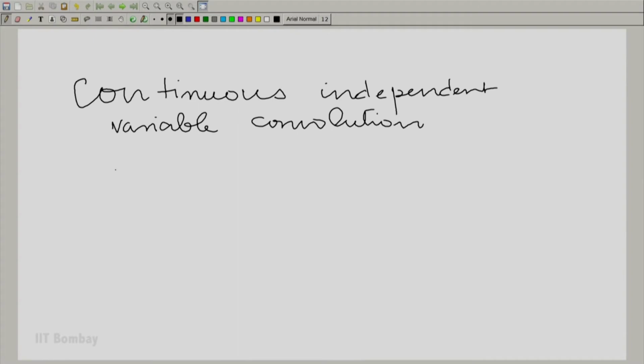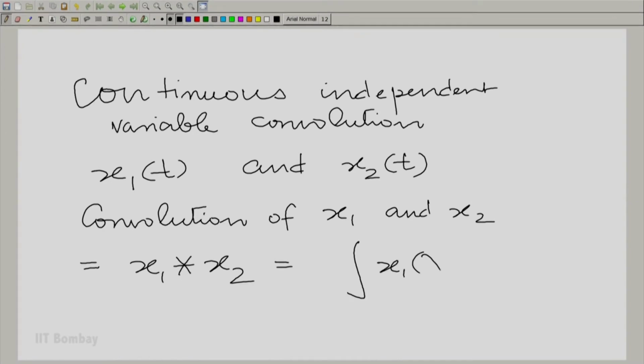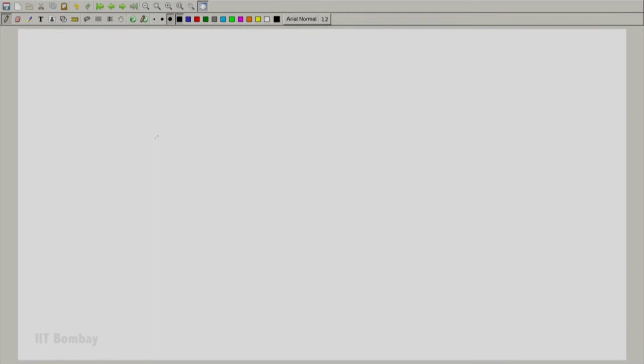We have two continuous independent variable functions, let us call them x1(t) and x2(t), and we wish to calculate the convolution, which we will of course represent as usual by a star, and that is calculated to be the integral of x1(λ) x2(t − λ) dλ over all λ. This is done for each t, and now as I said, we will take the example of two rectangular pulses.